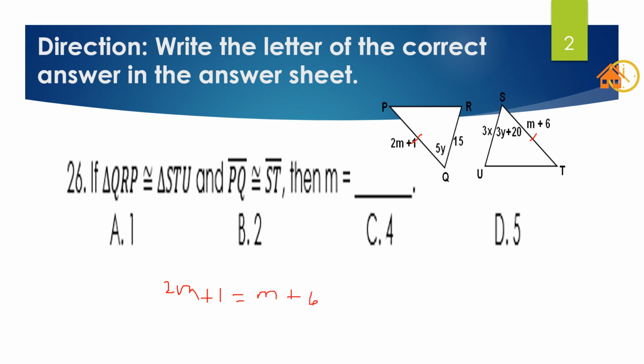Combine like terms: 2M minus M is equal to 6 minus 1. Therefore, M is equal to 5. So the answer is letter D. Okay, next.